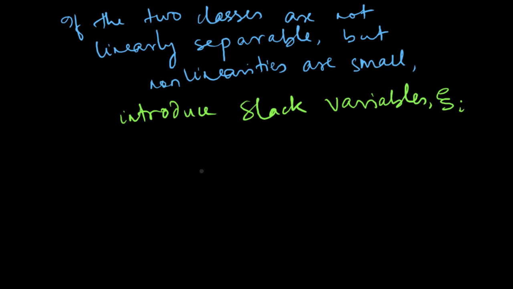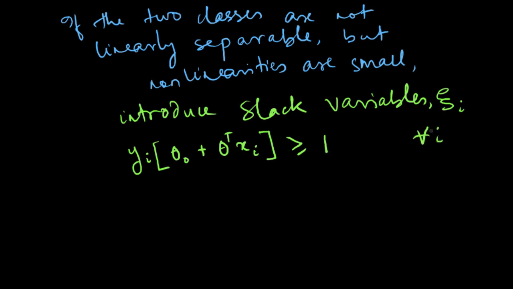xi i. So essentially what we now do is that earlier we had the condition that yi times (theta 0 plus theta transpose xi) must be greater than or equal to 1 for all i. This was our situation in the previous case. But now we modify that and do a minus xi i over here. So this is a small relaxation that we allow to our standard linear SVM condition.